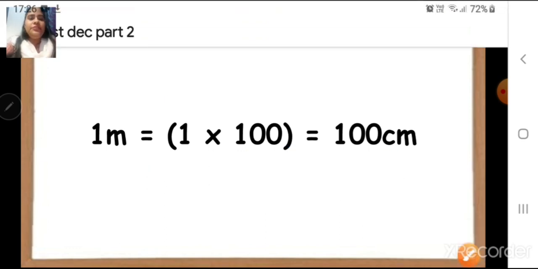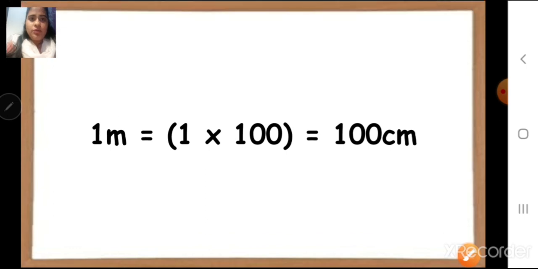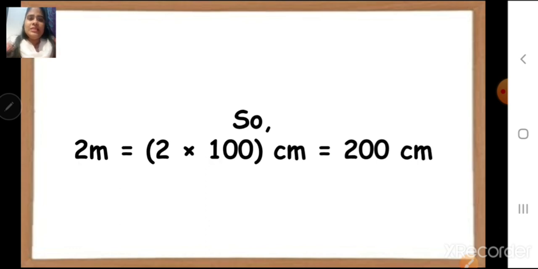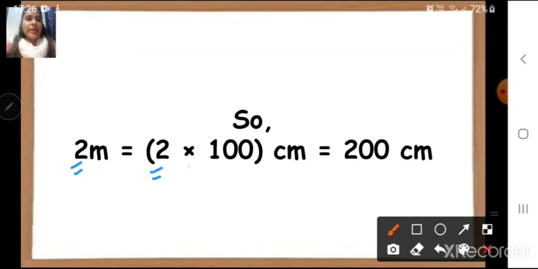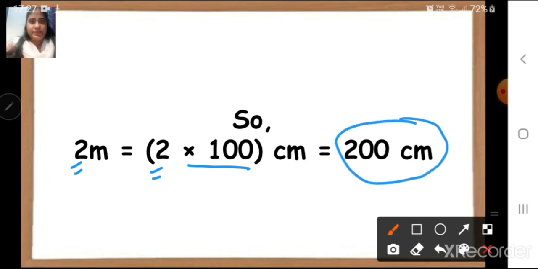Same way, if I want to find out what is 2 meters, like in the almirah example, 2 meters is equal to 2, which is the number, we have to multiply by 100, so that we will get our answer in centimeters. So 2 into 100 is equal to 200 centimeter.